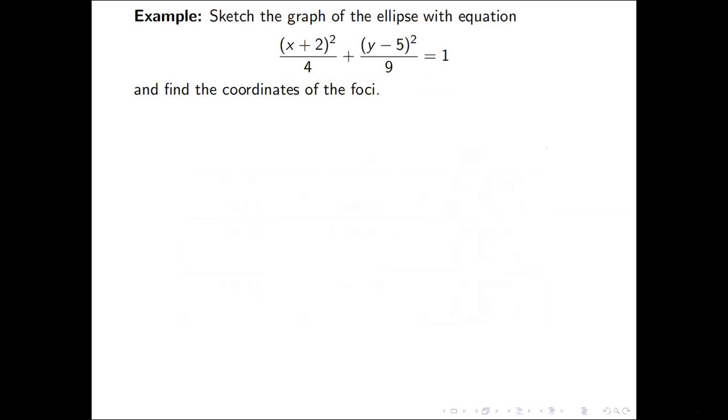Sketch the graph of the ellipse with the given equation and find the coordinates of the foci. However, since we have omitted a lot, we won't be doing that part, finding the coordinates of the foci. Let me just, at least for your information, show you how to sketch the graph of an ellipse.